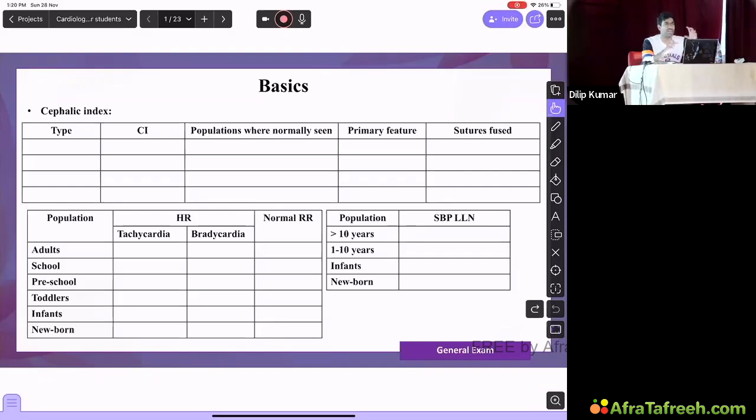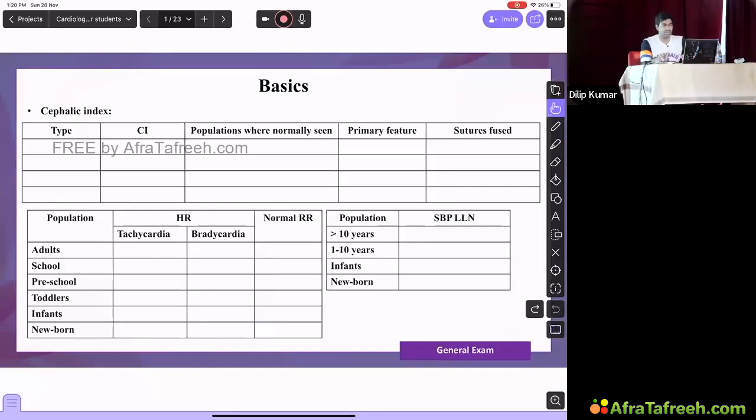So velocardiofacial syndrome is an umbrella term that has multiple phenotypes, associated with abnormal development of the pharyngeal arches. DiGeorge syndrome is also because of that. So likewise, you can explain most of the things.